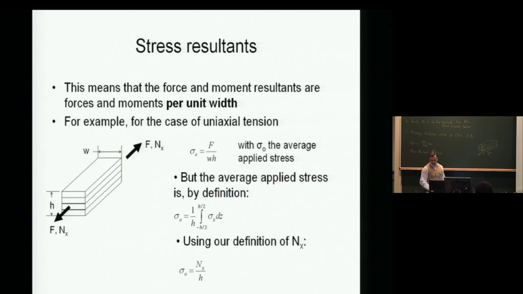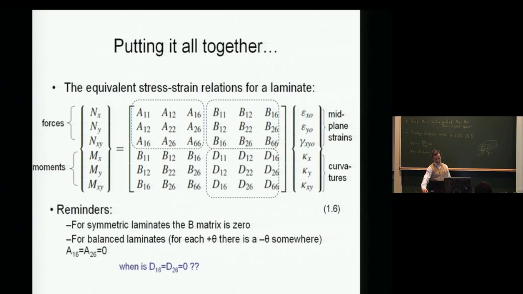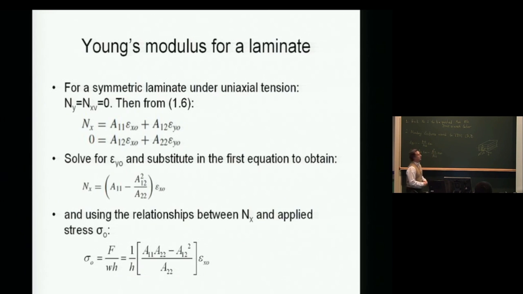So this is what we invoke here. If I substitute for Nx in terms of sigma 0, which is F over wh, I will get 1 over h, basically the stress. Nx is F over w.